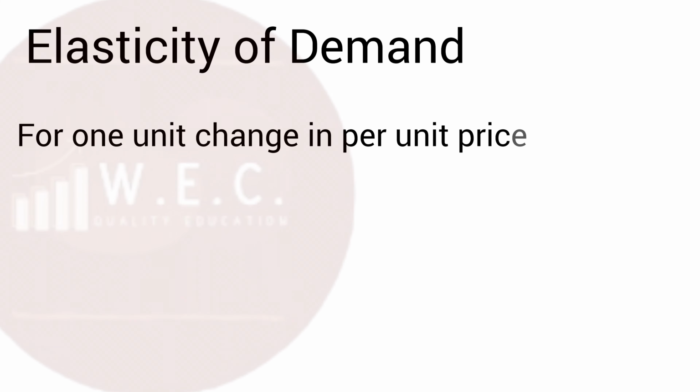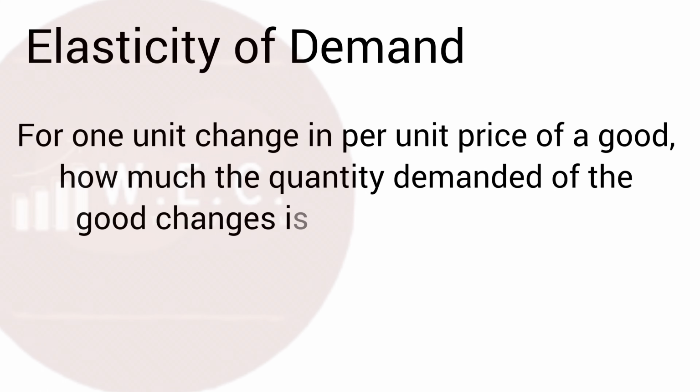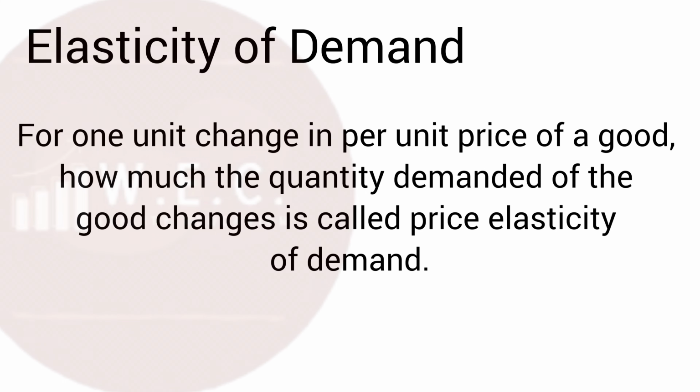For 1 unit change in the per unit price of the good, how much the quantity demanded of the good changes is called price elasticity of demand. As you already know the law of demand, if price rises by 1 unit, then quantity demanded will fall and vice versa, ceteris paribus. That means when all the other determinants of demand are constant.